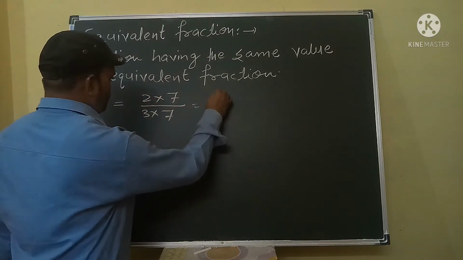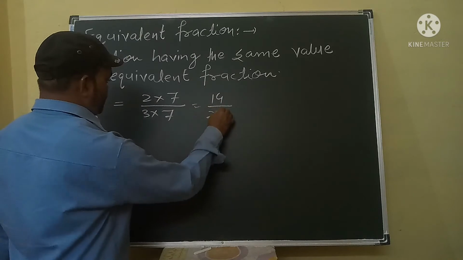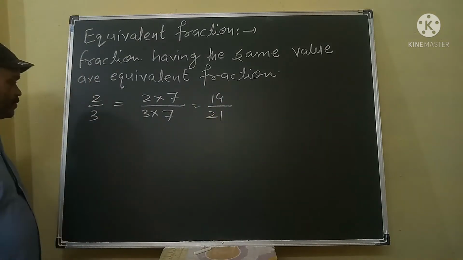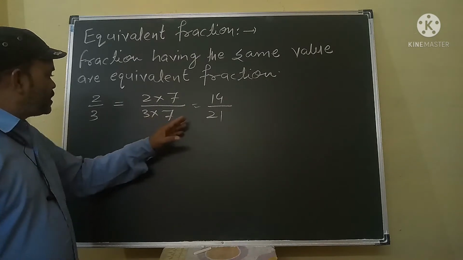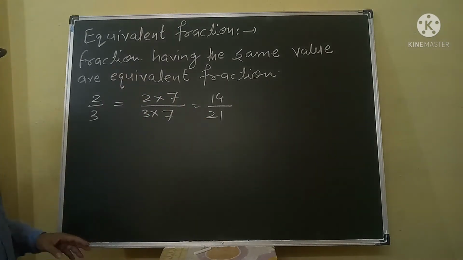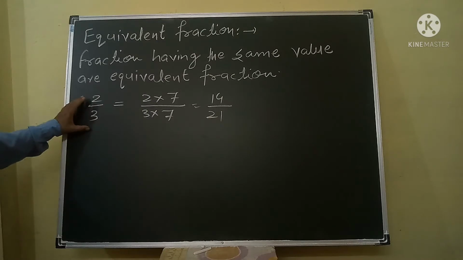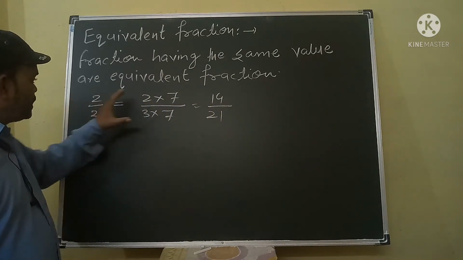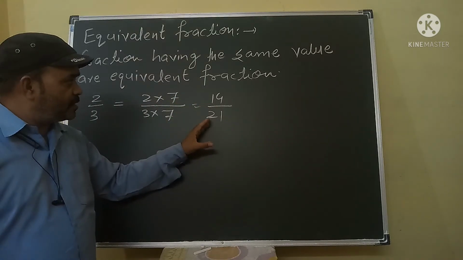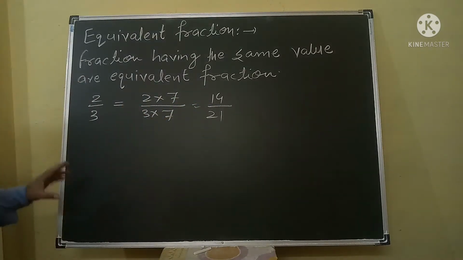2 7s are 14 and 3 7s are 21. Okay. That means 2 upon 3 and 14 upon 21 are equivalent fractions.